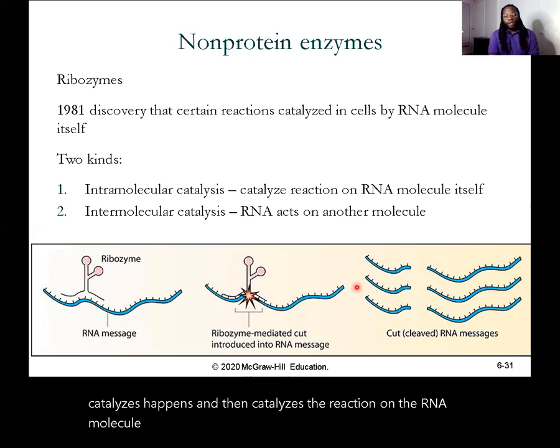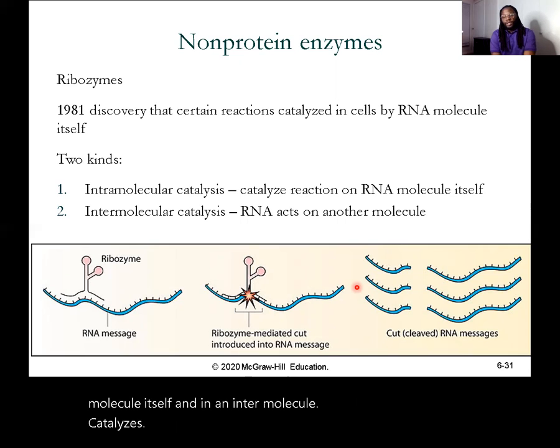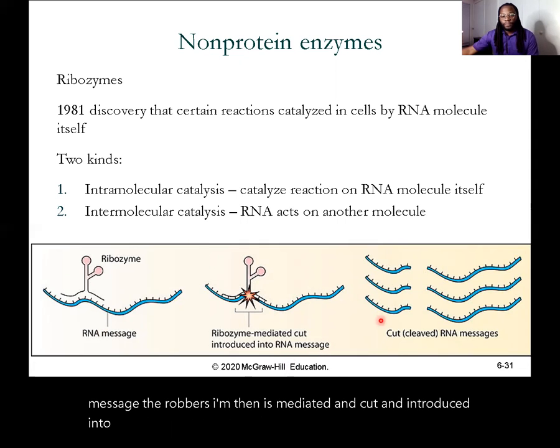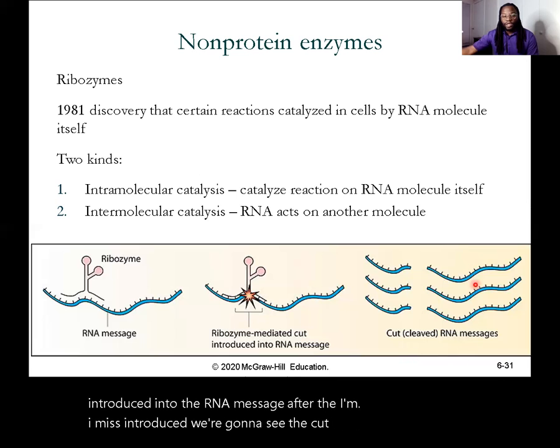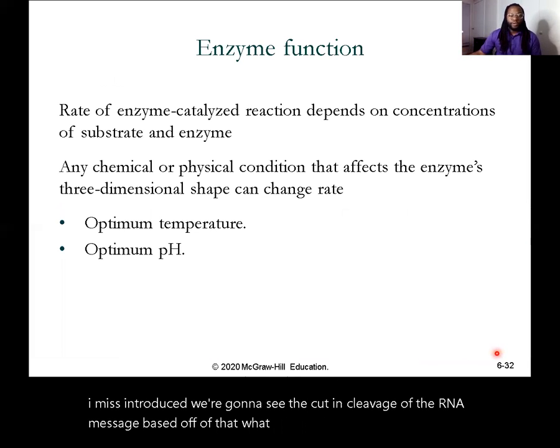And in intermolecular catalysis, the RNA acts on another molecule. Within this, the figure at the bottom shows the ribozyme and the RNA message. After the ribozyme is introduced, we see the cut and cleavage of the RNA message based off of what was communicated.